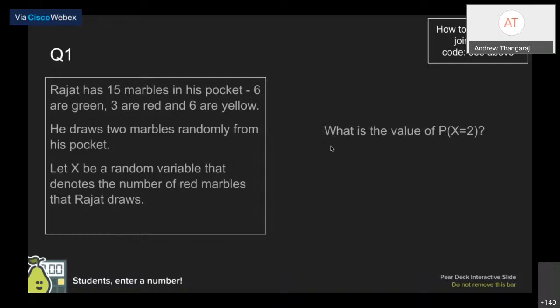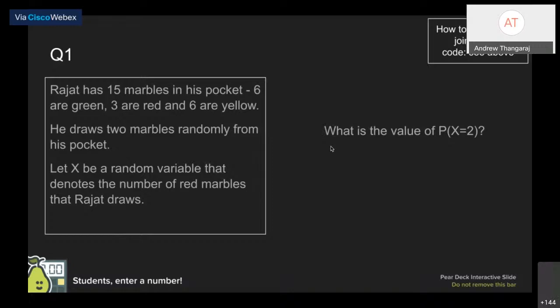We've seen some experiments like this before. You pick 2 marbles at random from the pocket, the colors of those marbles are given, and the random variable X is defined as the number of red marbles that have been drawn.